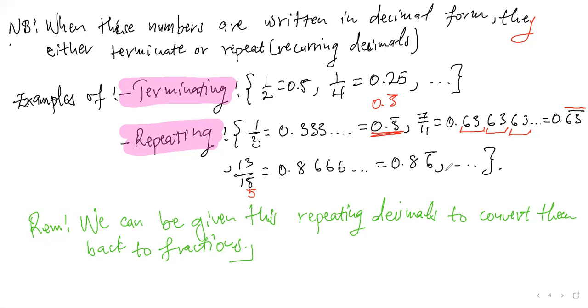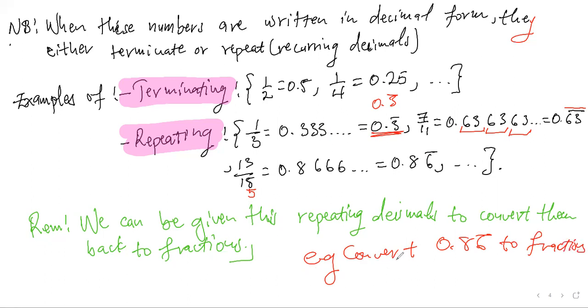Now, an important thing to note is that we can be given repeating decimals and be expected to convert them back to fractions. For example, they will say convert 0.86 bar to a fraction, or write it in the form P/Q.